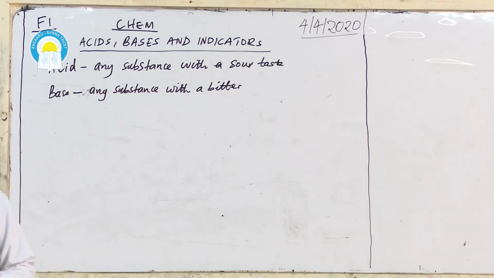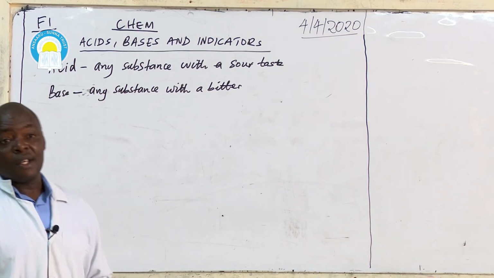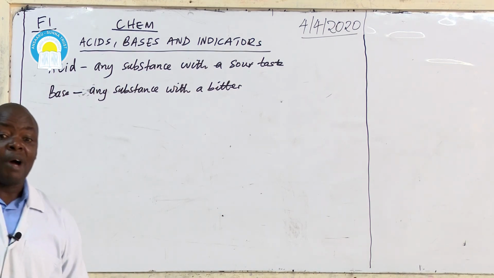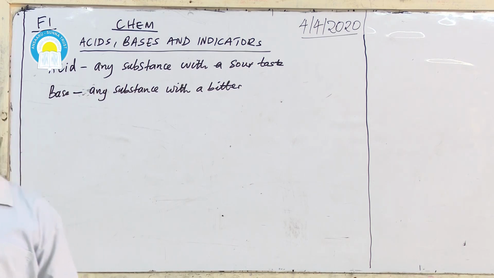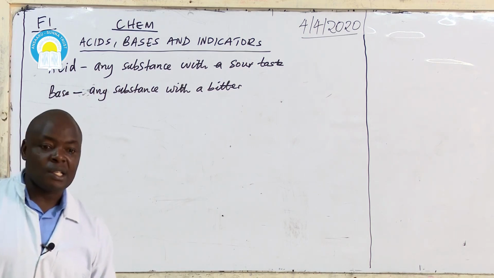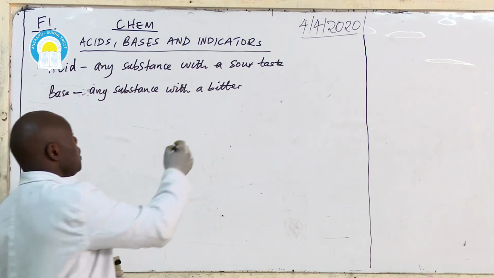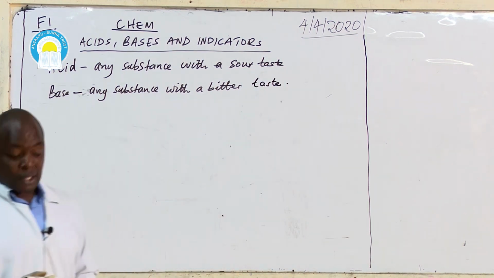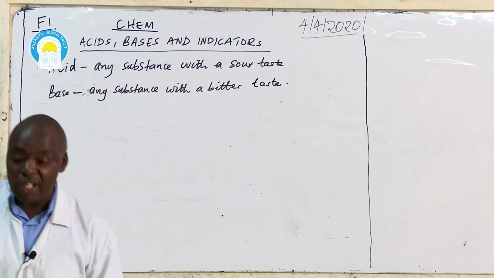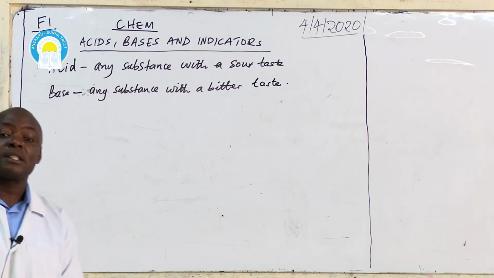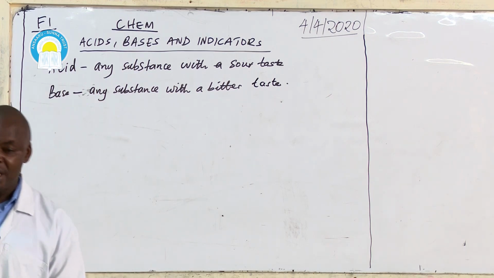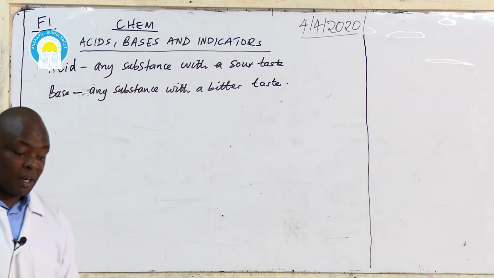But so many substances exist in nature, and some of them are edible, others are inedible. So we cannot use taste as a means of classifying acids and bases. Taste is not an accurate method because some of the substances are inedible, some are poisonous, and besides being poisonous, some of them are corrosive.